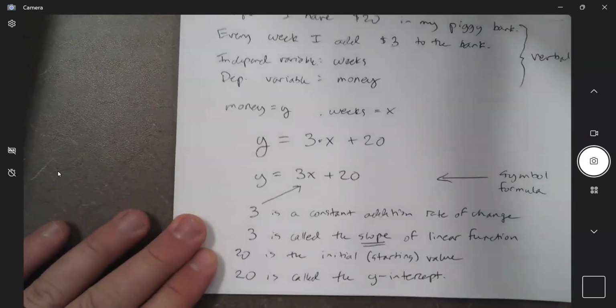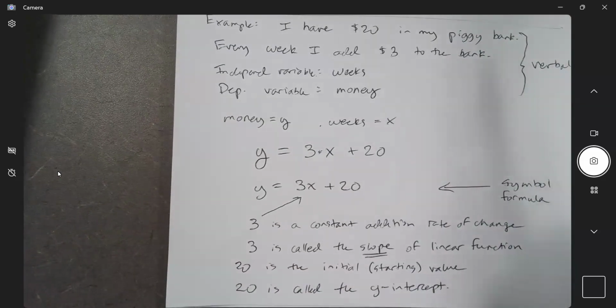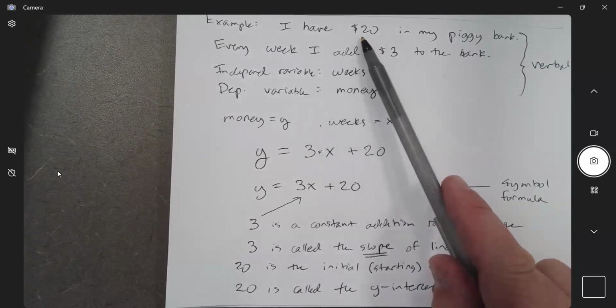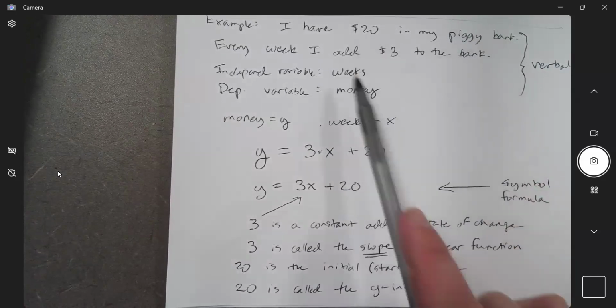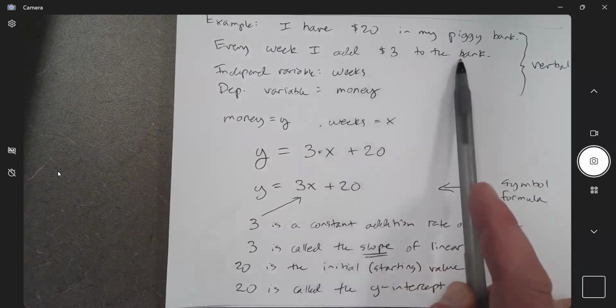Every verbal representation of a linear function should have some kind of y-intercept in the sentence and should have some kind of slope in the sentence.